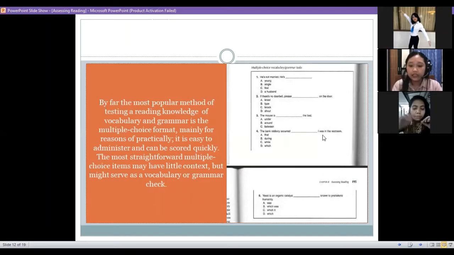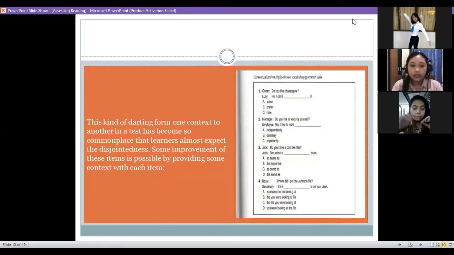And then the next is, this kind of shifting from one context to another in a test has become so commonplace that learners almost expect the disjointedness. Some improvement of this item is possible by providing some context with each item.